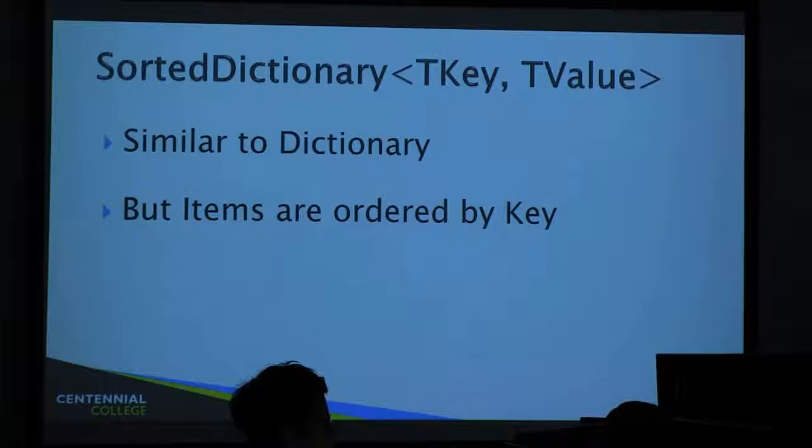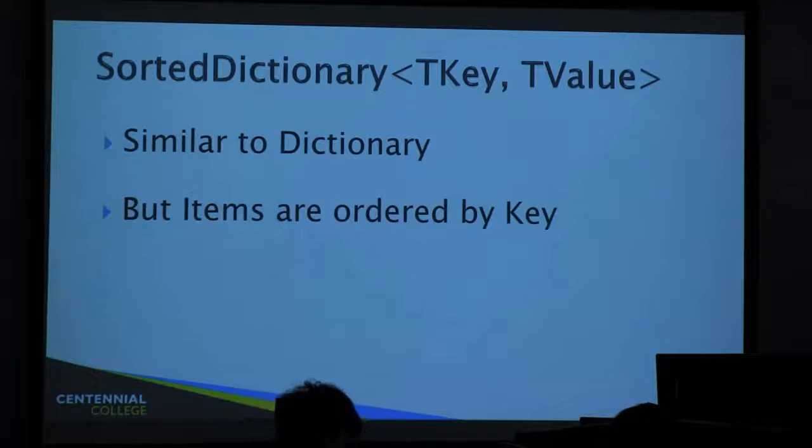Now, in terms of dictionary, this is so far what we're going to be talking about. I'm more interested in a very particular type of dictionary, which is called a sorted dictionary. A sorted dictionary behaves very much like a dictionary, but it is sorted by the key.